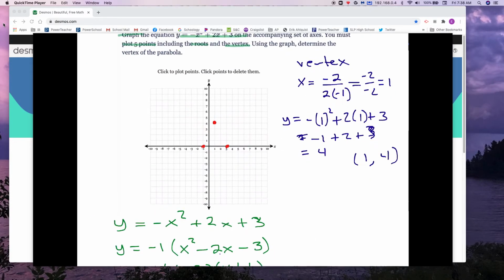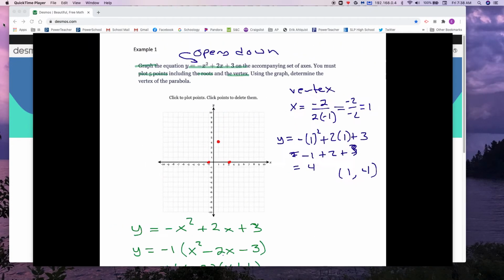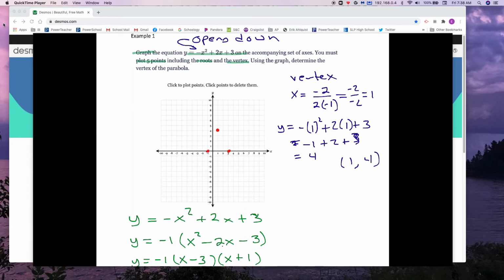Now the other thing that this gives me is, because of that value at the end, remember that value at the end of this, the y-intercept is y equals 3. It's this value right there. That's the y-intercept.